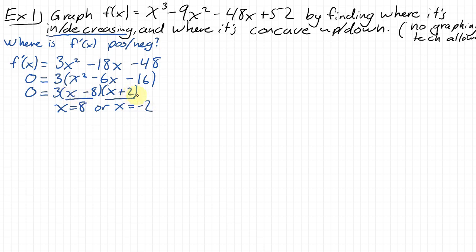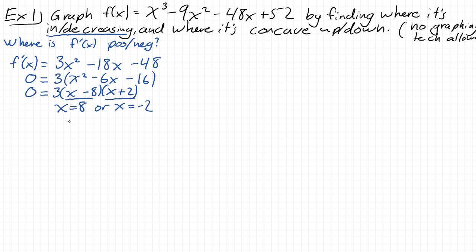And you have to have this whole thing factored completely in order to do that. If you plug these in, it makes 3 times a factor of 0 times something else, and anything times 0 is 0. So these are the values of x that make f prime 0.